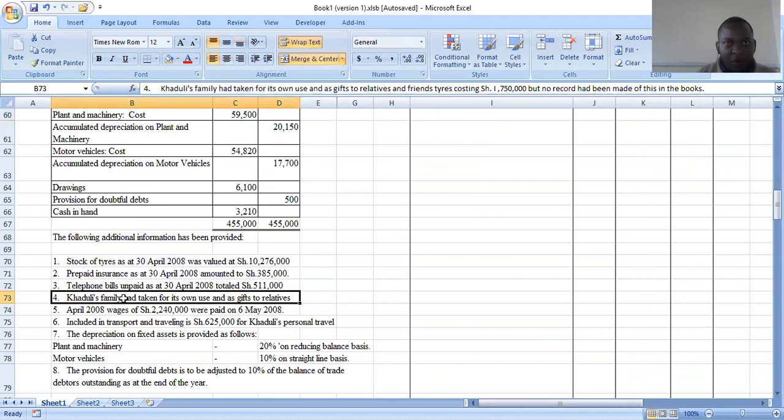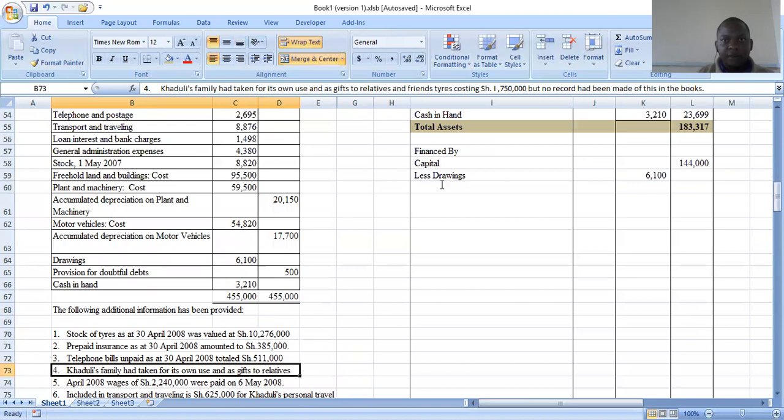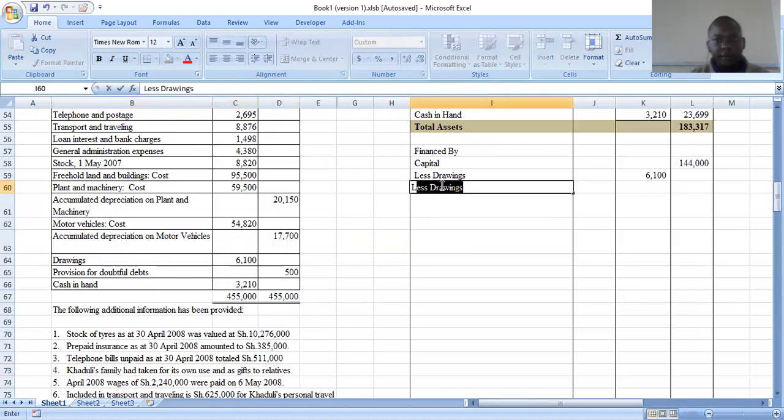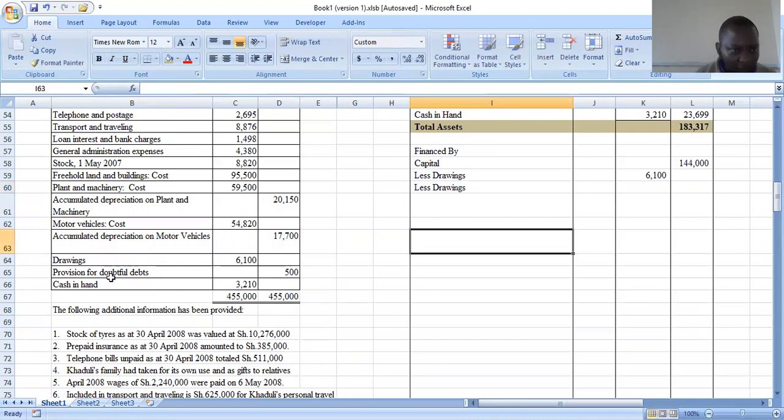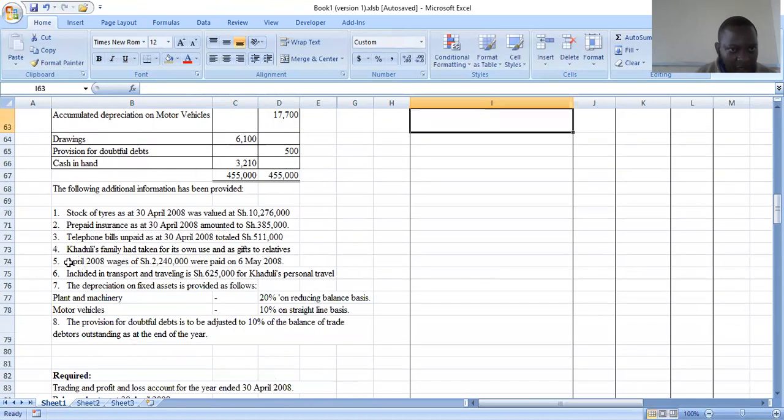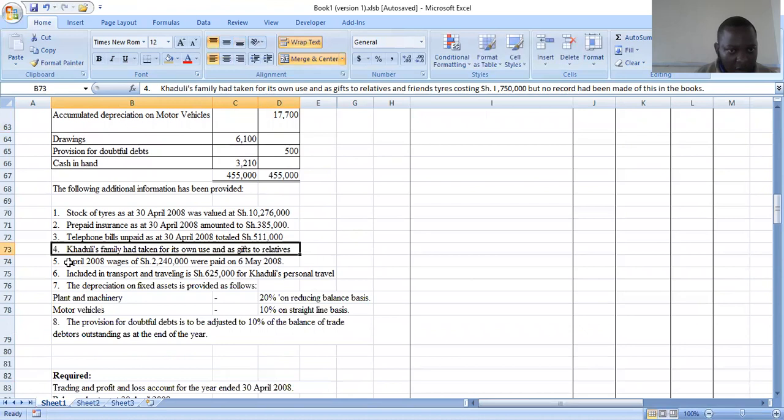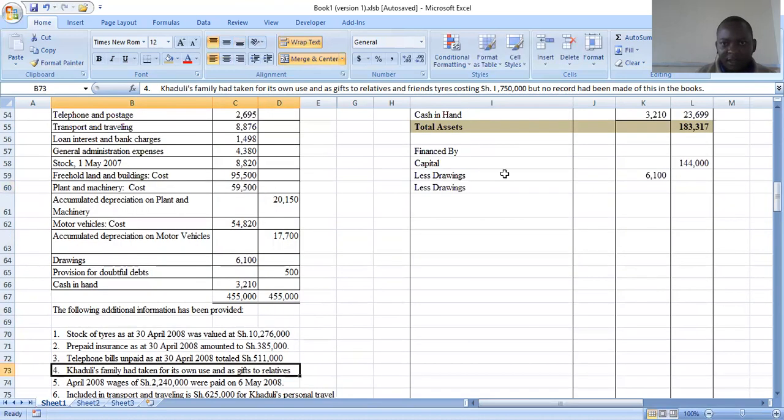What was this additional information talking about? You had taken tires. So number 4, I think there's something I deleted. I don't remember what it was. He had taken for his own use, I think tires, stock of tires.